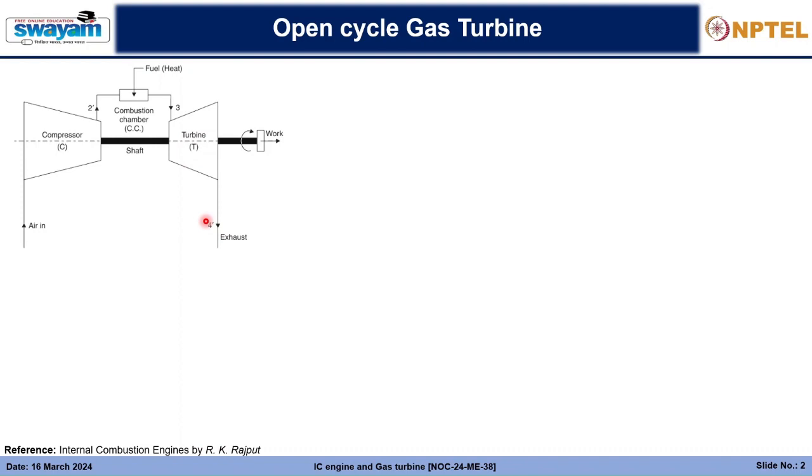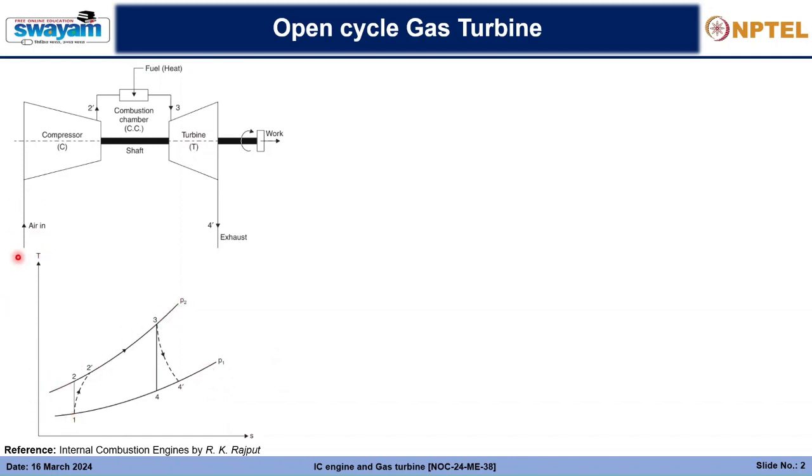So this is what an open cycle gas turbine is, and this is the TS diagram of the open cycle gas turbine. Here we can see that there are two pressure curves. This is the P1 pressure curve, the lower pressure, and this is the P2, the higher pressure curve.